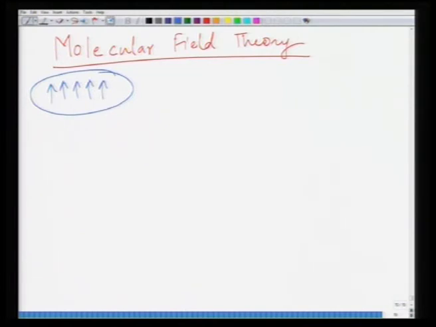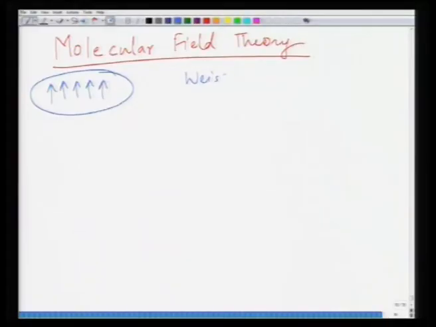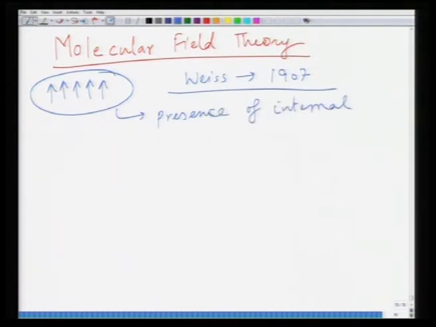And this ordering, in very crude language, you can call a neighborhood effect, which essentially gives rise to an internal field as postulated by Weiss earlier in 1907, who postulated that this alignment of magnetic moments in this uniform region is because of a neighborhood effect or because of the presence of some internal field. And this field was also called at that time the molecular field.